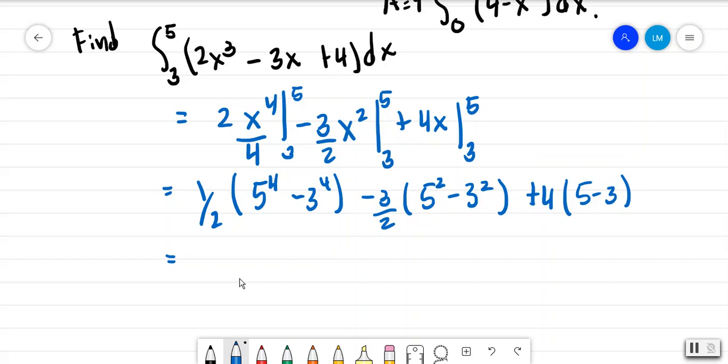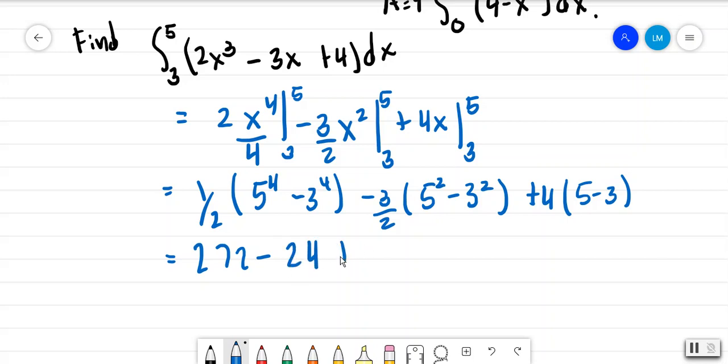That's going to be 544, but divided by 2, that's 272. So we have 272 minus, well, 5 squared is 25, minus 9 is 16, and then multiplied by 1.5, that's going to be minus 24.